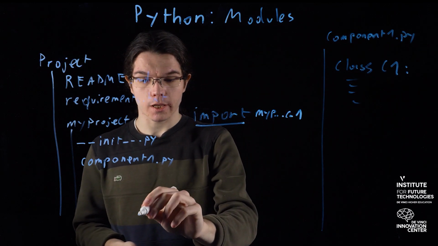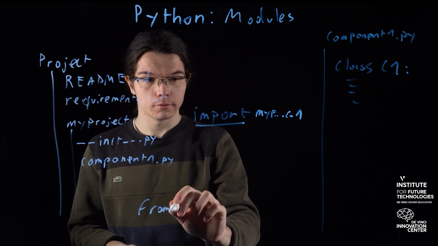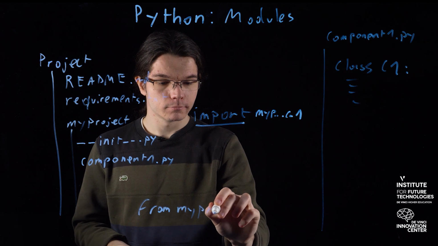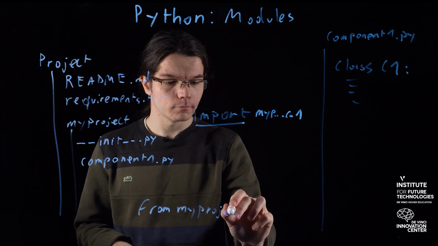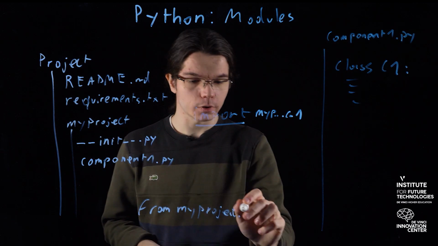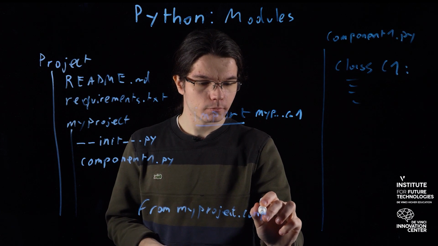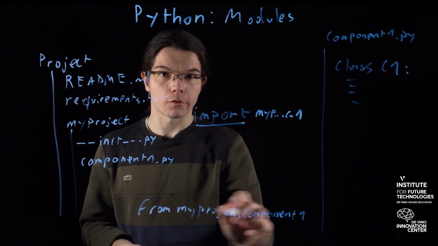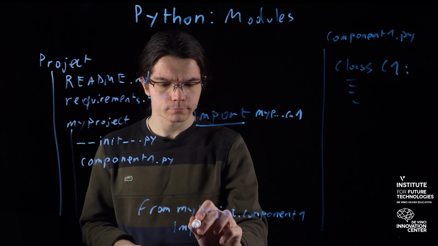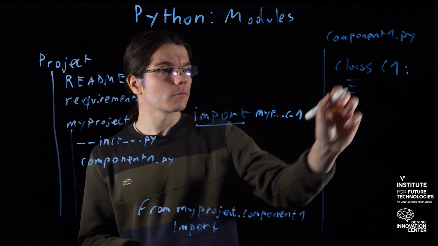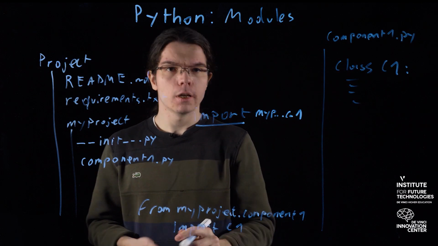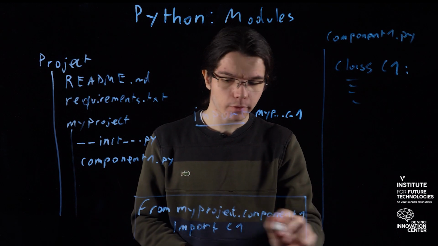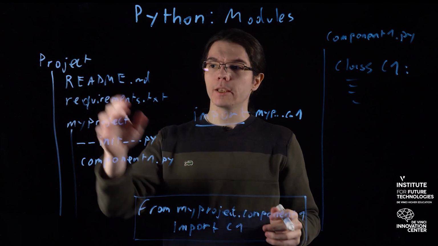So you would write that as: from my project.component1 import C1, the C1 class.